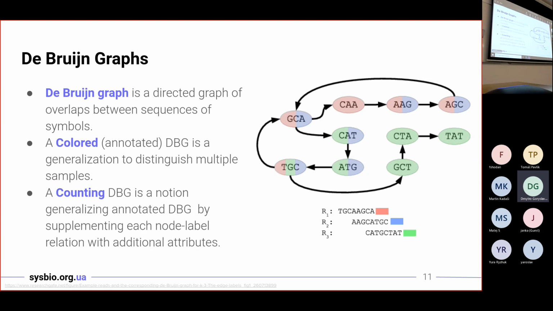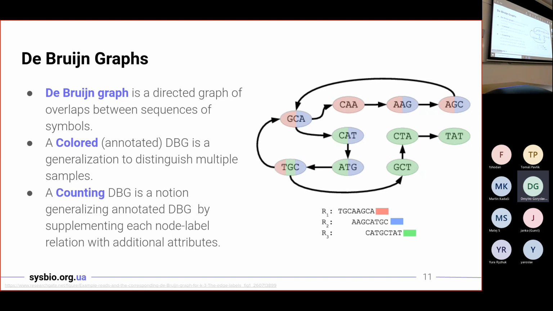Now we came to the most important object of this talk. It is the de Bruijn graph. The de Bruijn graph is defined as a directed graph of overlaps between sequences of symbols, and the colored de Bruijn graph is a generalization to distinguish multiple samples.